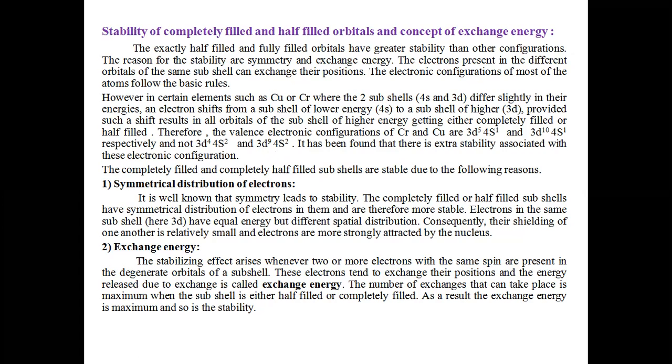So what we'll do is shift an electron from the s subshell, that is the lower energy subshell, to the higher energy subshell, that is the d subshell. We'll be shifting one electron from the s subshell to the d subshell, so that there will be 10 electrons in the d subshell.